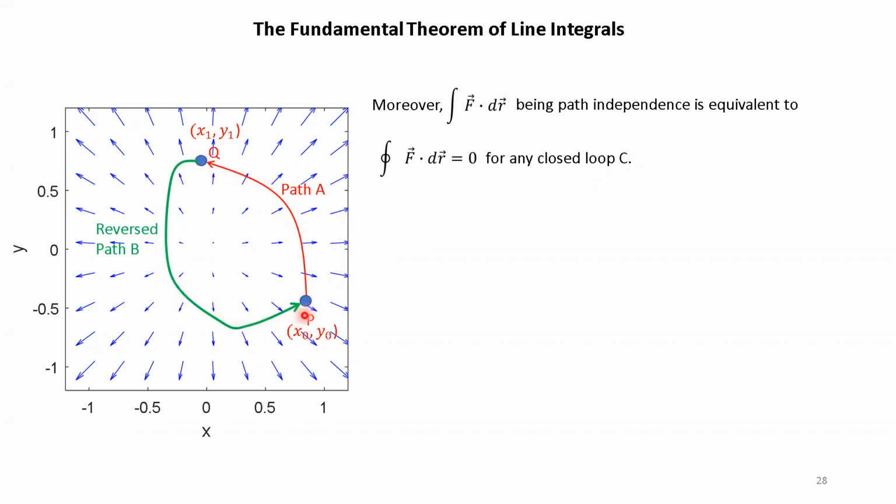So then when I do this path integral around this closed loop, I can break it down into two parts.